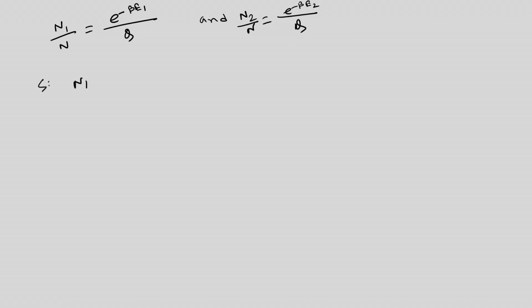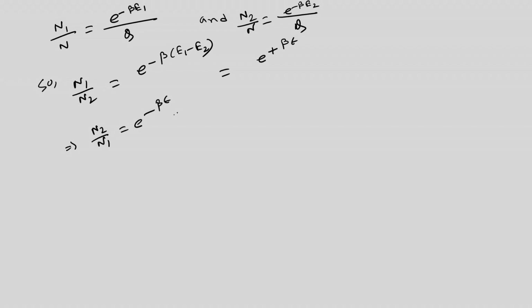So, N1 by N2 is e to the minus beta (E1 minus E2). So, if we substitute the value of E1 and E2, we get e to the plus beta epsilon, or you can write N2 by N1 is e to the minus beta epsilon, or you can write e to the minus epsilon by kBT.